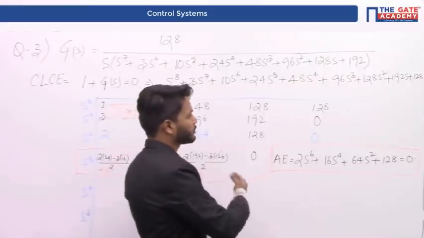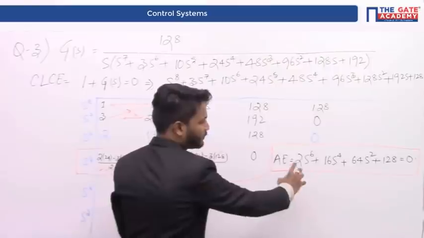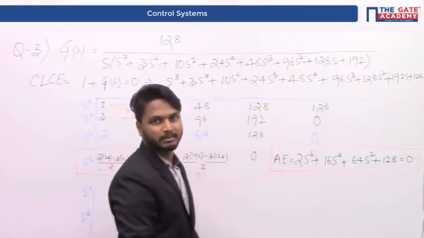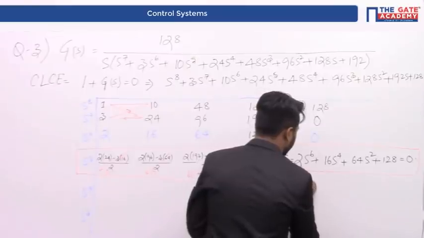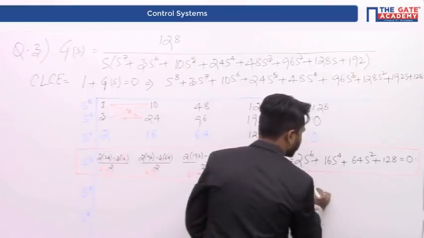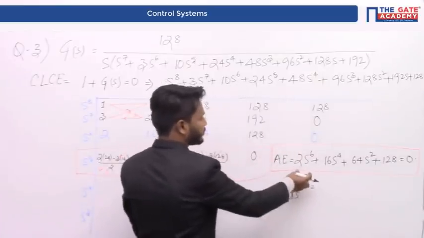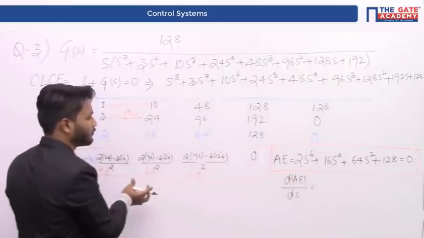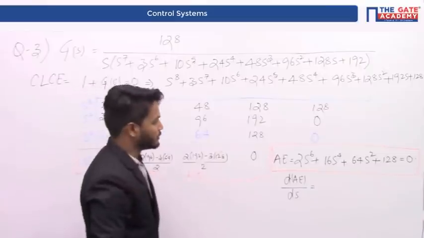In order to proceed with constructing this Routh array, you just have to differentiate this auxiliary equation with respect to s once, and the corresponding coefficients you get, you have to replace this particular row with those coefficients.